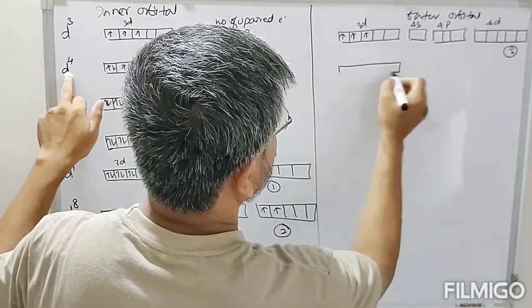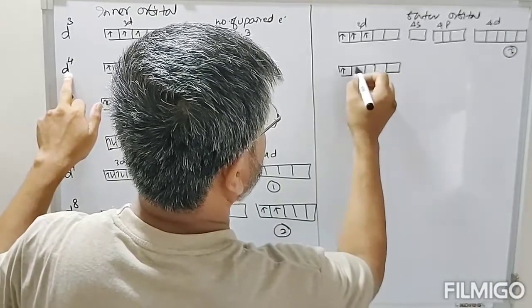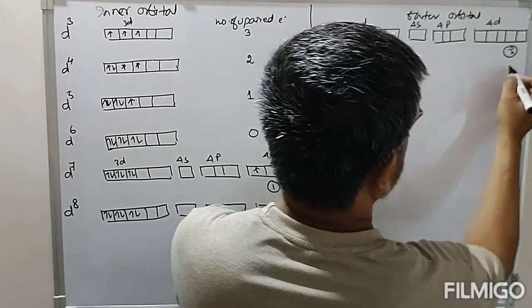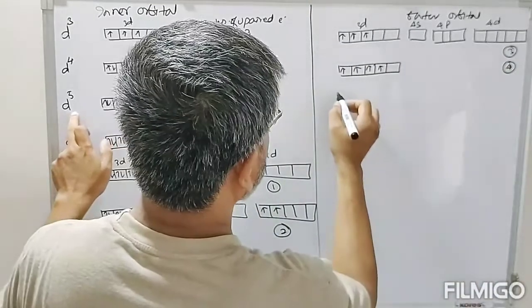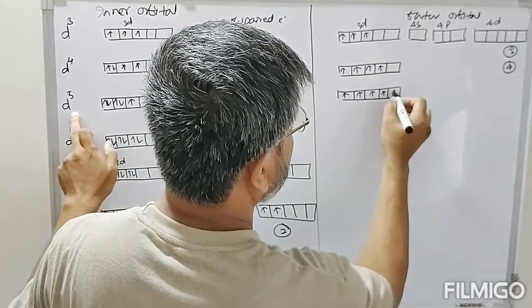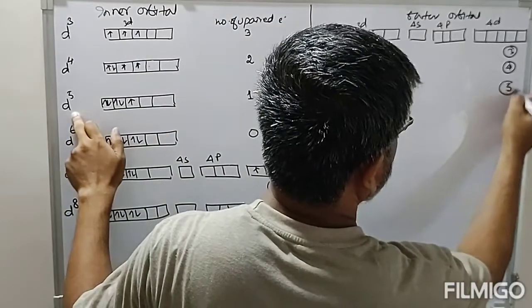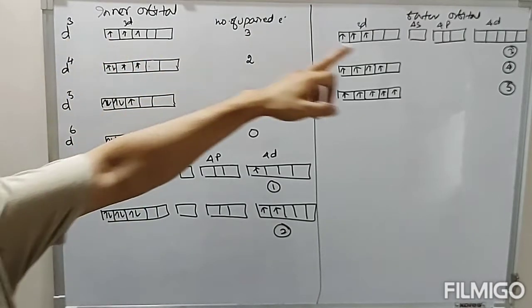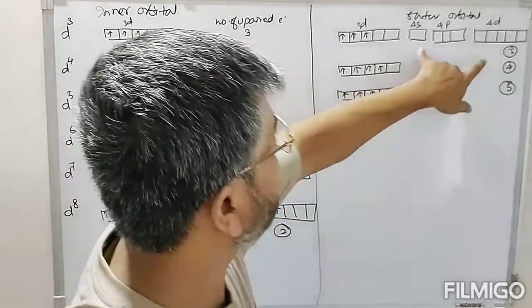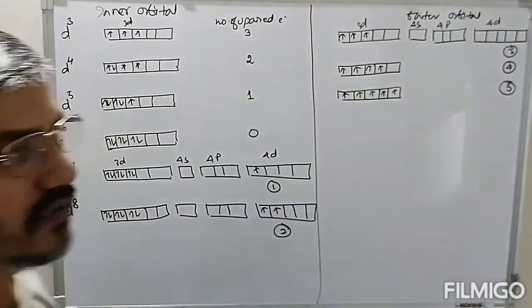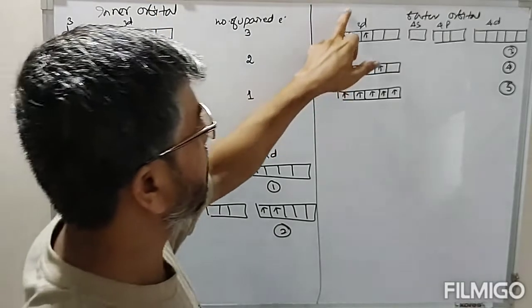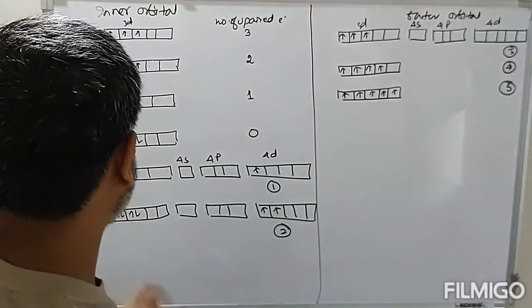D4: the 3d orbital is not to be used, so the number of unpaired electrons is 4. D5: we have 5 electrons, so the number of unpaired electrons is 5. See the difference. In d3 we have the same number of unpaired electrons. In d4 we have 2 in inner orbital complex, but in outer orbital complex we have 4. D5: inner orbital 1 unpaired electron, outer orbital 5 unpaired electrons.